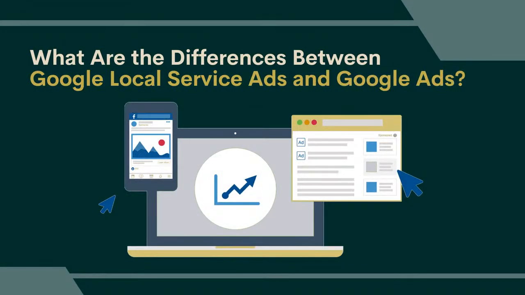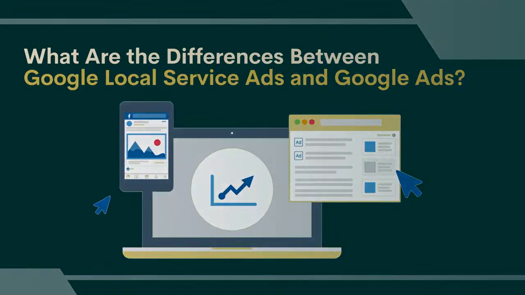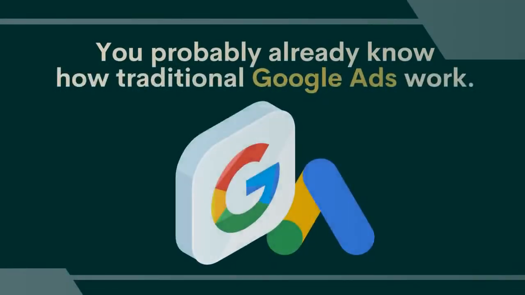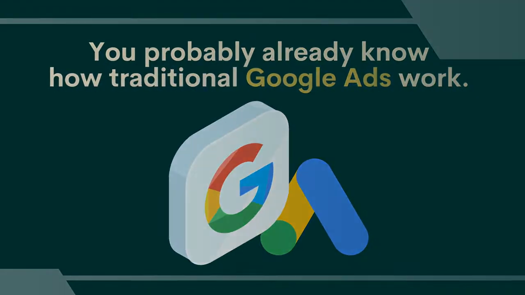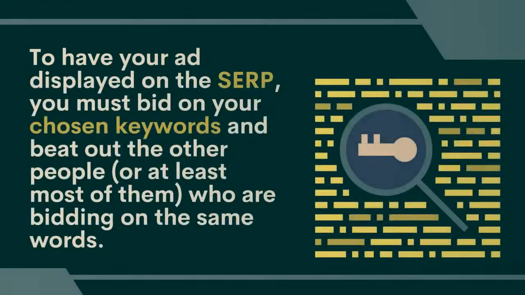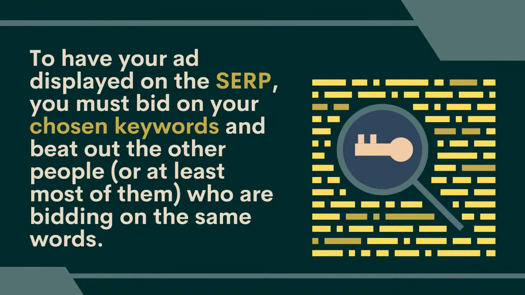What are the differences between Google local service ads and Google ads? You probably already know how traditional Google ads work. To have your ad displayed on the SERP, you must bid on your chosen keywords and beat out the other people, or at least most of them, who are bidding on the same words.